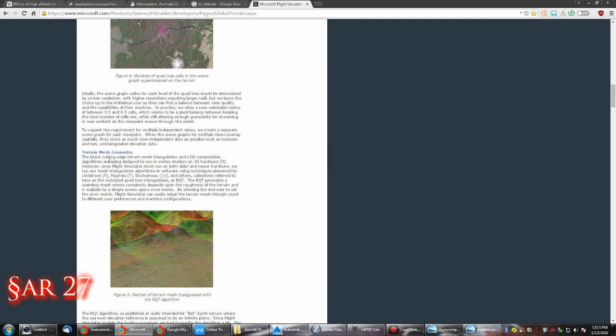I want to start with the terrain mesh geometry, the whole computer program of the whole thing. They actually make the textures to do the mountains and everything, but the algorithm, if you don't know what algorithm means, is an equation to solve the problem.